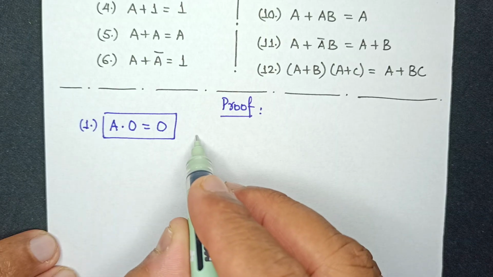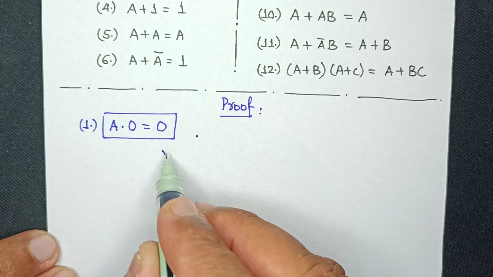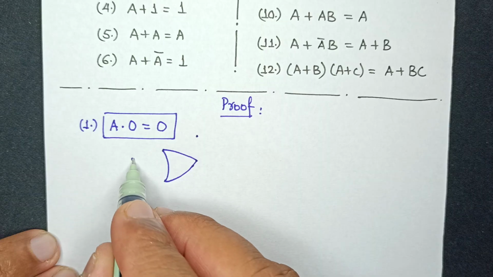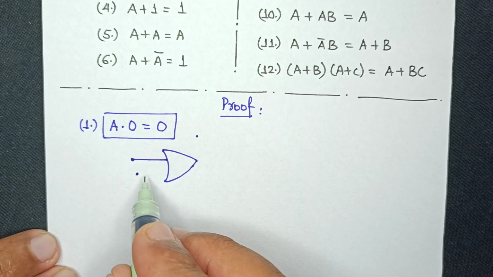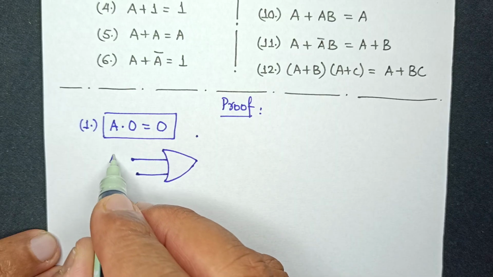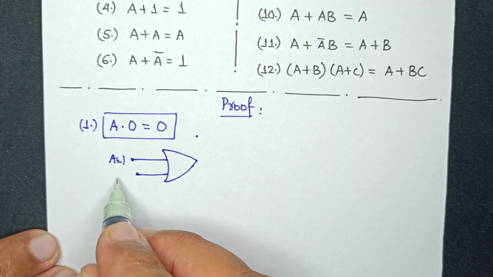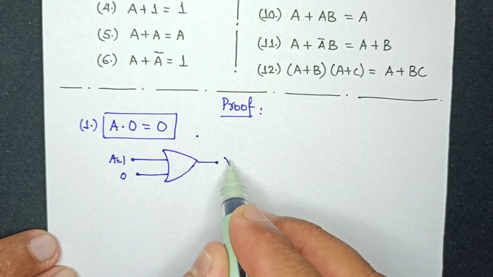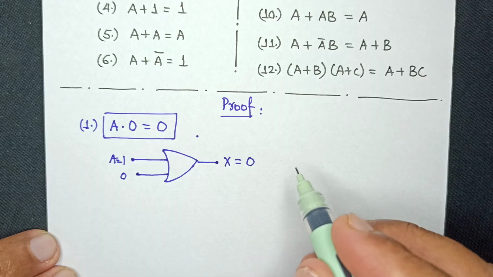So let us draw this using a logic gate. Let me draw one gate like this, and the first input in this case would be a equal to 1, and let us take the other input as 0. As you can see, the output in this case would be 0.